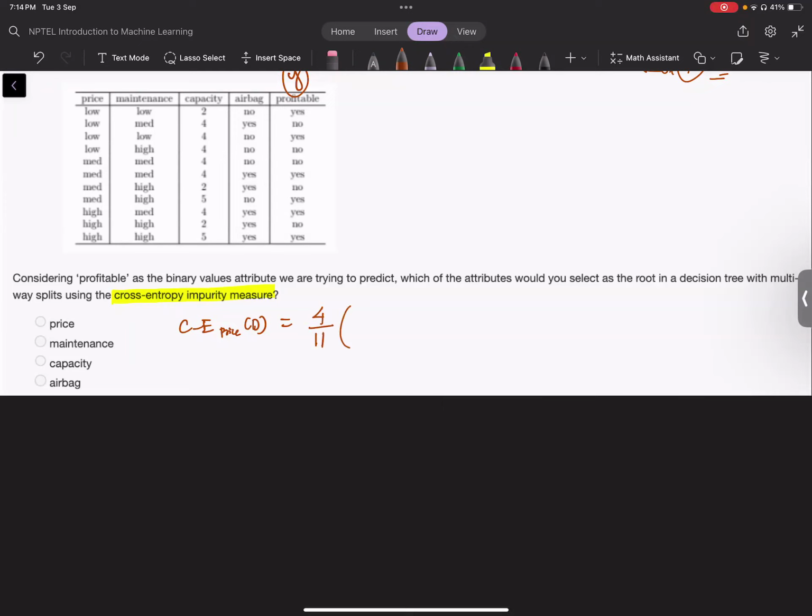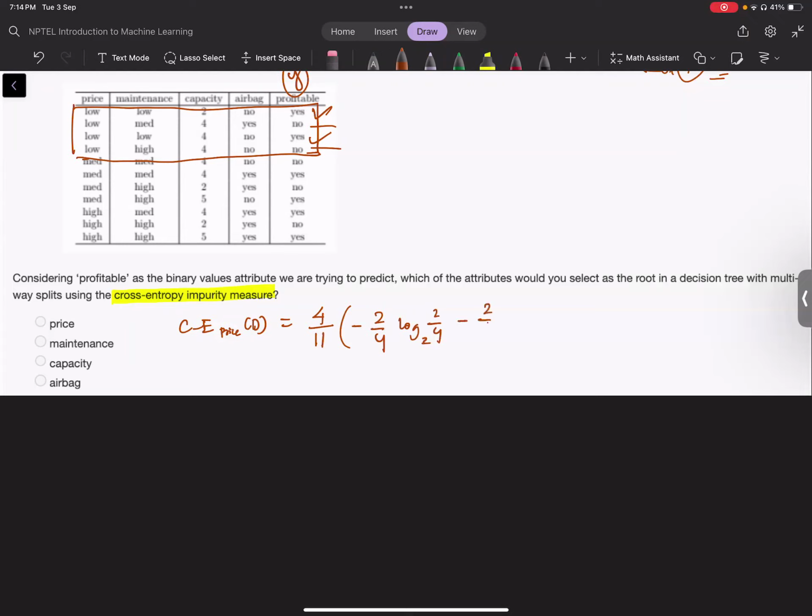And out of these 4 lows, we have 2 yes and 2 no, right? For yes, it will be minus 2 by 4, the same cross entropy formula, log 2 by 4 base 2.